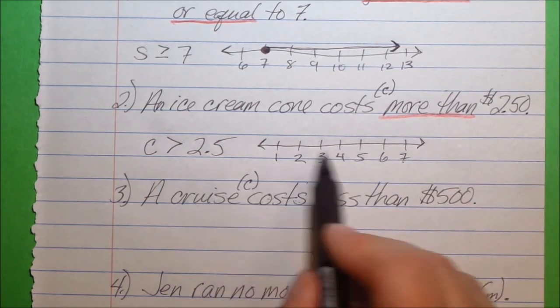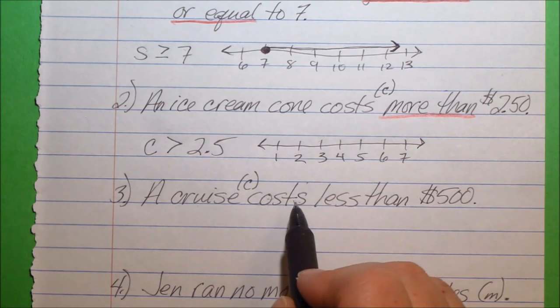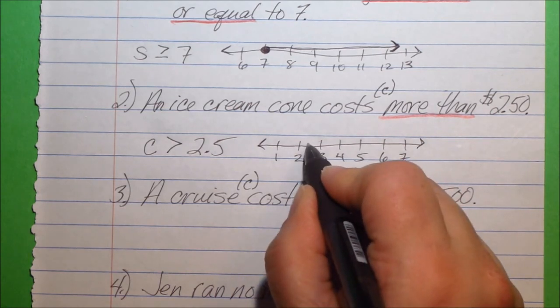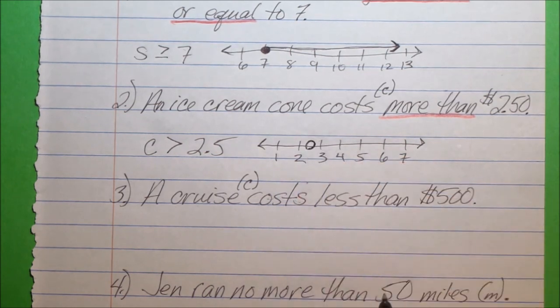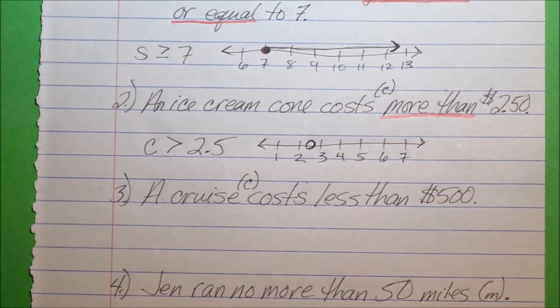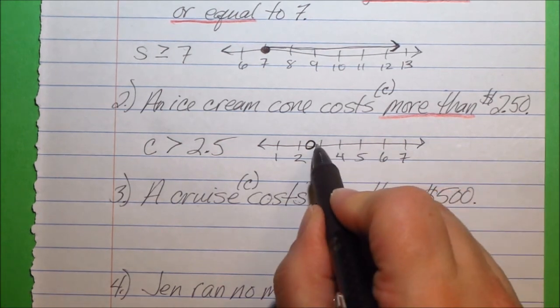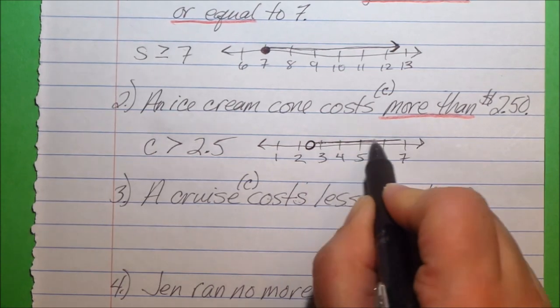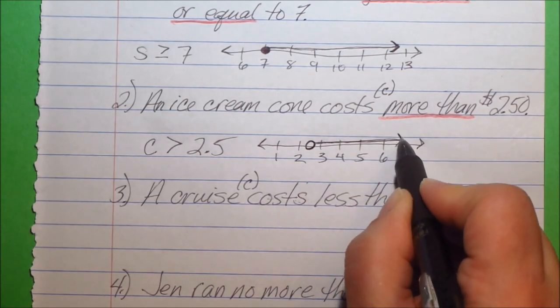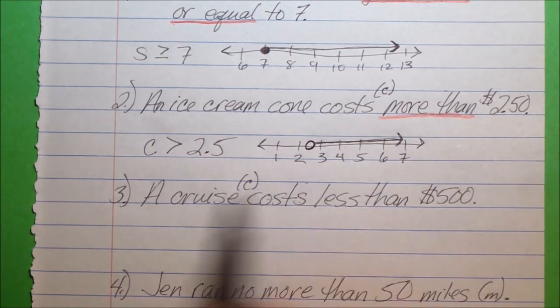Okay, 2.5 is between 2 and 3. So I'm going to put my graphed point halfway between 2 and 3. Now, does it include 2.5? No, it does not. So it's an open circle. But it is anything greater than 2.5. And so I put my arrow to the greater than side and leave this open. All right? That's how that works.